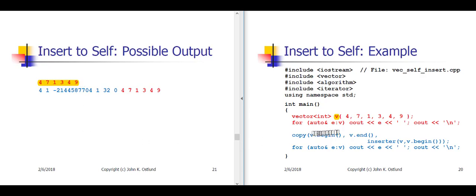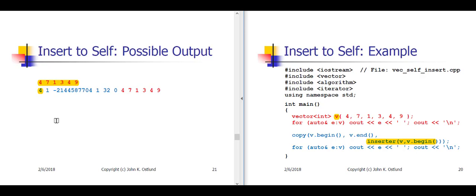But if I use the copy algorithm to copy from the vector into the same vector at the beginning, well, each time I insert a value into the same vector, that messes up the positioning of the original elements. Everything gets shoved over one place to the right. And so what typically happens is that the first value from the input vector, in this case a 4, does get copied in place at the beginning of the vector correctly.